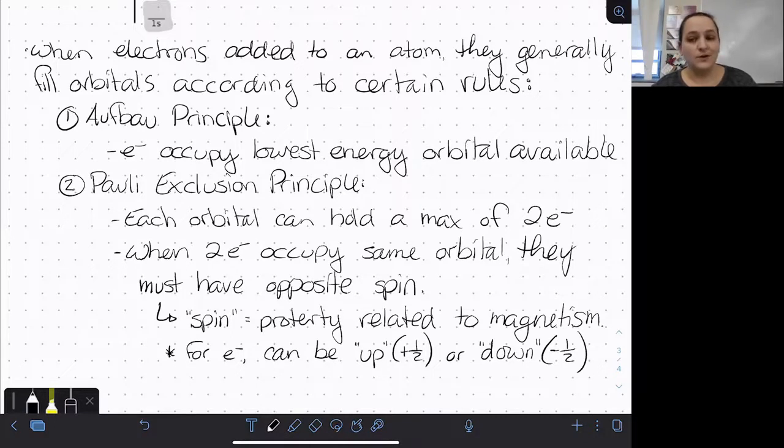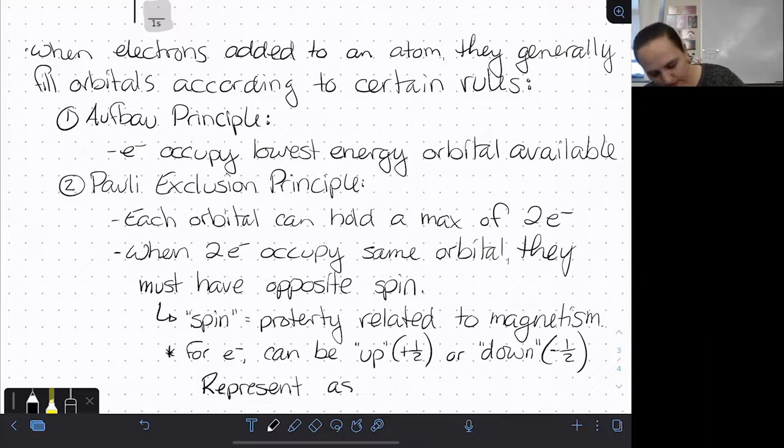Just be aware that there are 2 different spin states that an electron can have. And because we often refer to them as up or down, we typically represent electrons as arrows pointing up or pointing down to show the different spin.